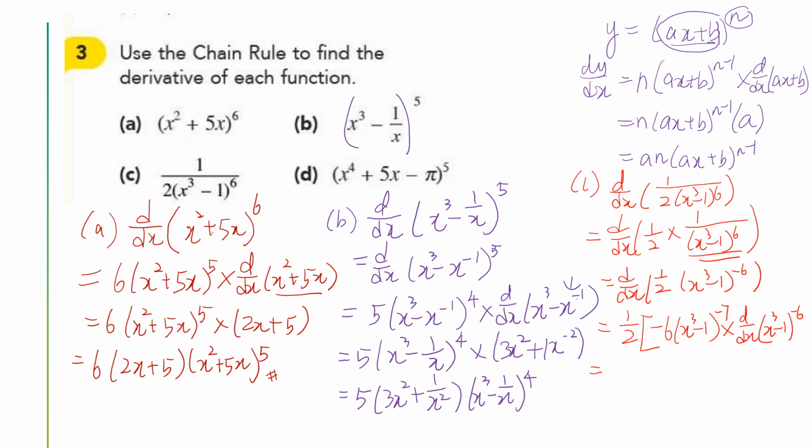Alright, so half times -6 will be -3. Differentiate x cubed, you'll get 3x squared. And differentiate -1, you get 0.